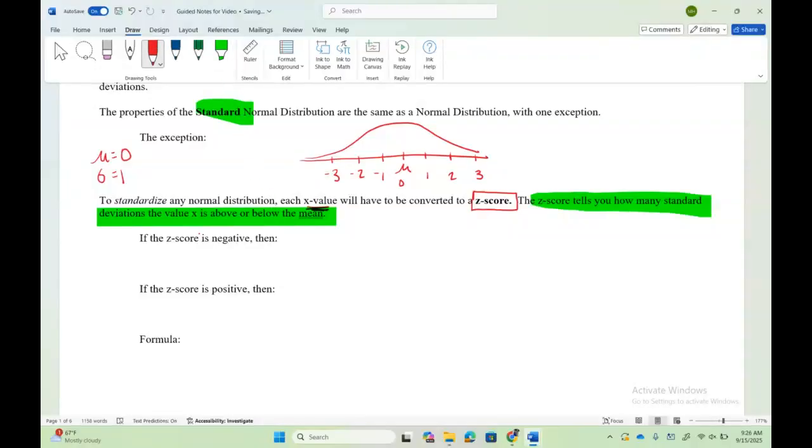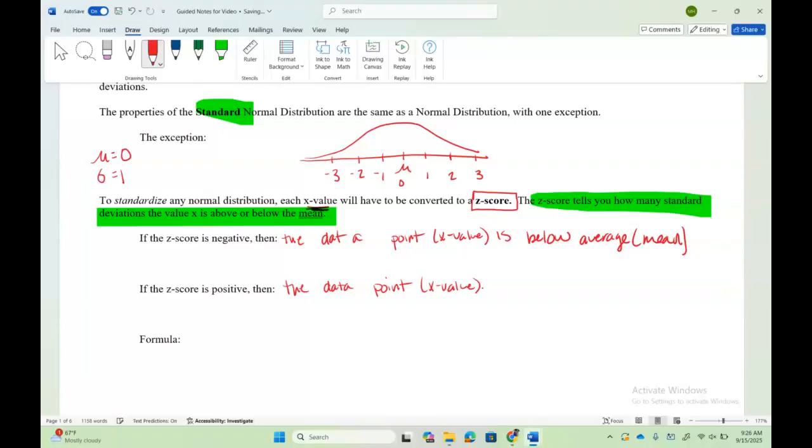If the z-score is negative, then the data point, or that x value, is below average, or below the mean. If the z-score is positive, then the data point, or the x value, is above average.